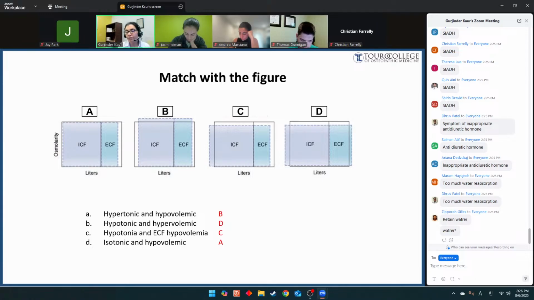Both ICF and ECF compartment, they are hypervolemic, and the reason is that they are gaining water, the solute is staying the same, so that is bringing the osmolarity down in the patient. Is everyone clear about that? Yes. So how would you treat such kind of patient?